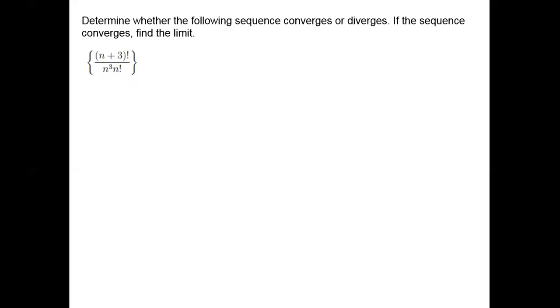Okay. n plus 3 factorial over n cubed times n factorial. In order to compute this limit, we have to simplify the factorials. That means, remember, I will keep n cubed. And now we do have n factorial and n plus 3 factorial. And the number n is less than n plus 3. That means I will keep n factorial. And the quantity n plus 3 factorial, I can rewrite as n factorial times n plus 1 times n plus 2 times n plus 3.